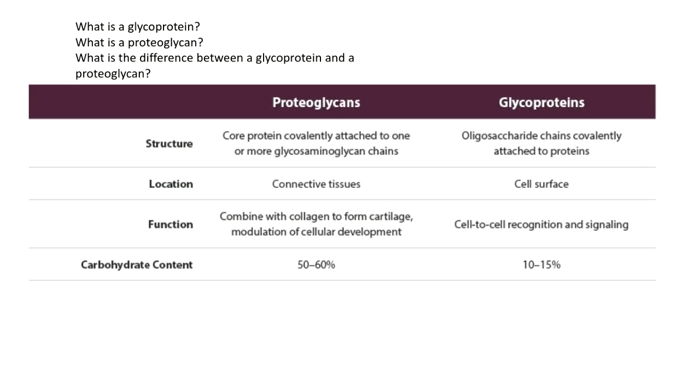Proteoglycans are on connective tissues for support, and glycoproteins are used at the cell surface for signaling and recognition. Glycoproteins are not that much carbohydrate content. They don't have that much carbohydrates in them, as opposed to proteoglycans, in which the majority of the structure is carbohydrate. So glycoproteins are used for cell signaling and recognition, and proteoglycans are used in collagen to form cartilage.